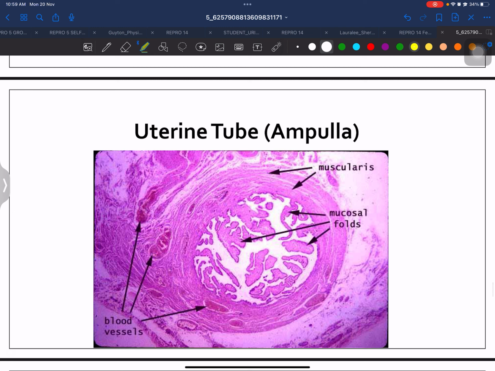So actually ovum dia tak terbang bila dia masuk dalam uterine tube. Dulu saya tak tahu, saya naif sangat. Saya rasa dia macam terbang kat dalam uterine tube tu. Actually dia tak terbang, dia bergolek-golek dekat uterine tube.